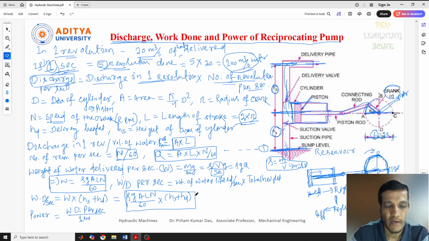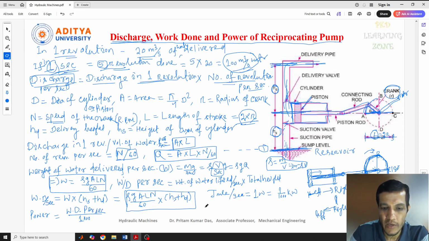Let me tell you the unit: work done is in joule, so joule per second is 1 watt. And if you want to convert watt into kilowatt, you just divide by 1000. Similarly here, power equals work done per second by 1000.